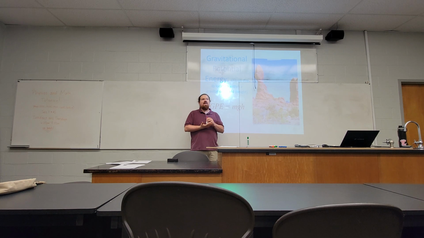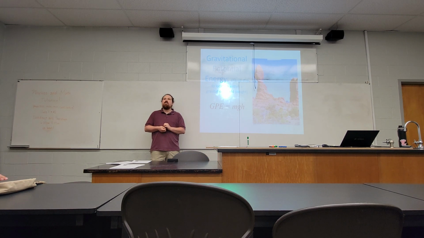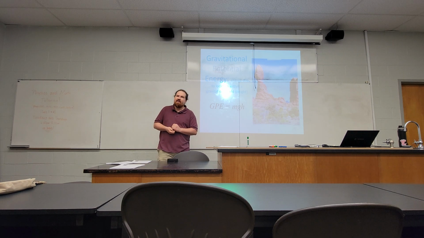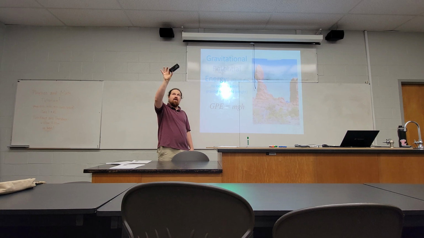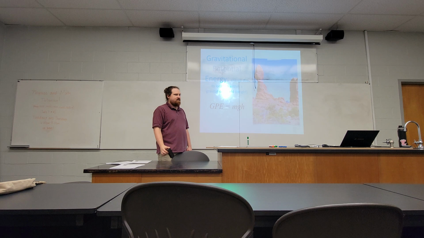When an object is able to fall, there is energy stored inside of it, and that energy is released once it begins falling. If I hold this eraser in the air, it could fall, and when it does fall, it has a velocity. In that moment where it starts accelerating and gains velocity, it must now have kinetic energy where it didn't before.